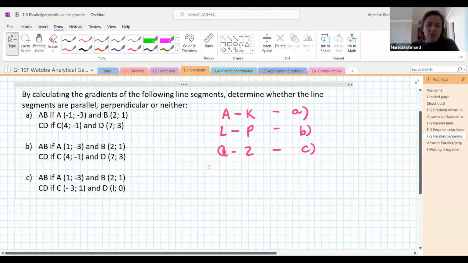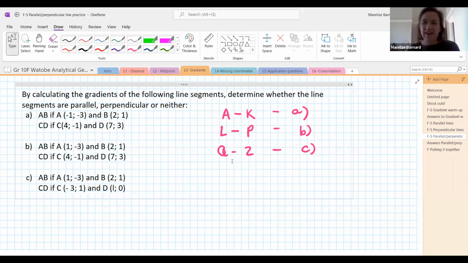And then our last one, Q to Z. Sipokasi had their hand up earlier, so I'm going to give it to them. Hi, ma'am.